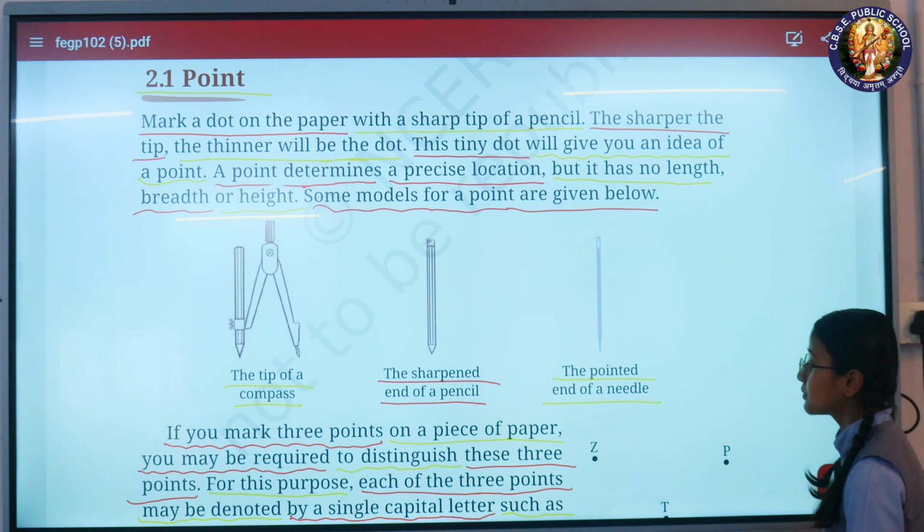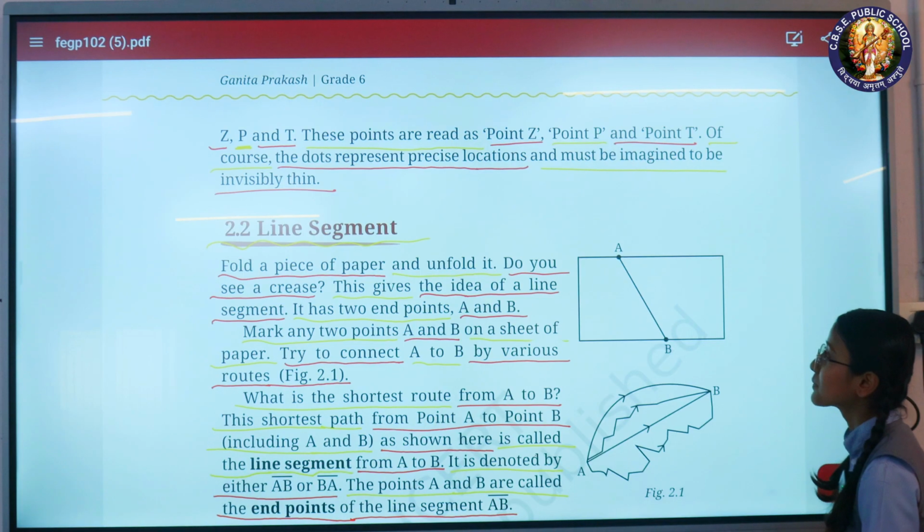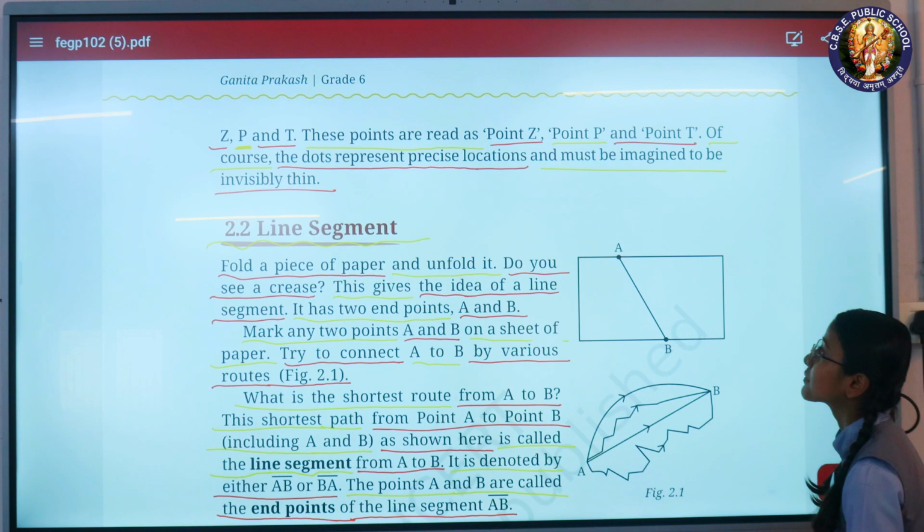For this purpose, each of the 3 points may be denoted by a single capital letter, such as Z, P, and T. These points are read as point Z, point P, and point T. Of course, the dots represent precise locations and must be imagined to be invisibly thin.